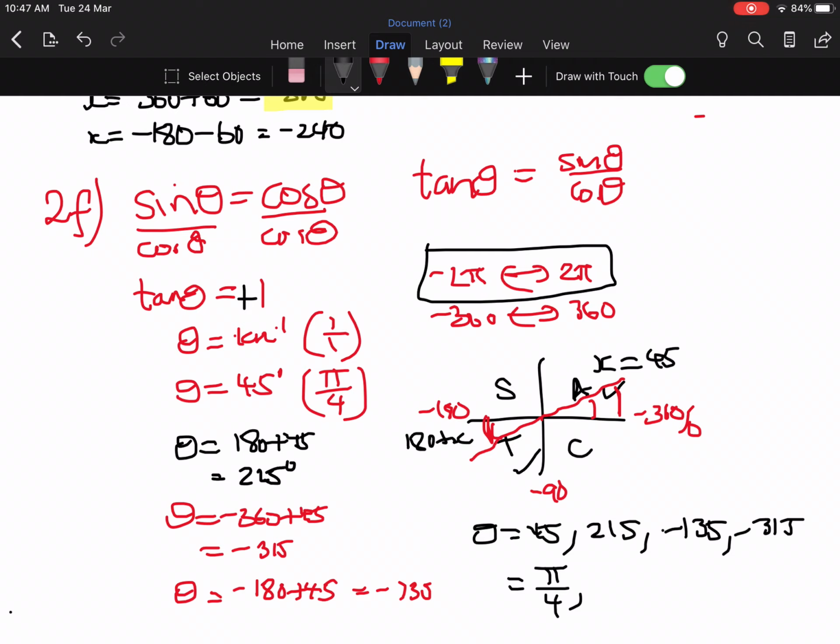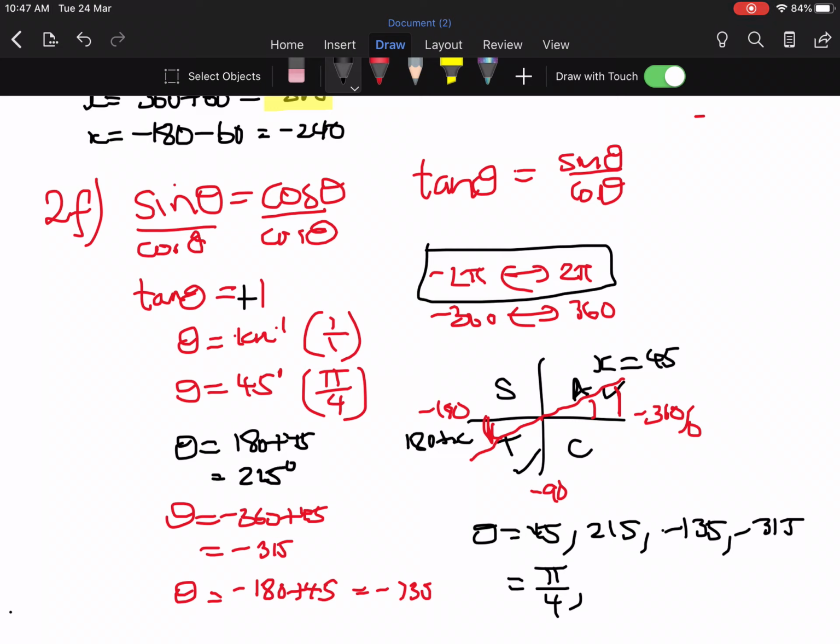My brain's frozen here. So if I times that by 4, I get 160. 180. So 215 is not a multiple. Why? 225 is a multiple. So have I done a calculation error? No, 360 plus 45 is fine.